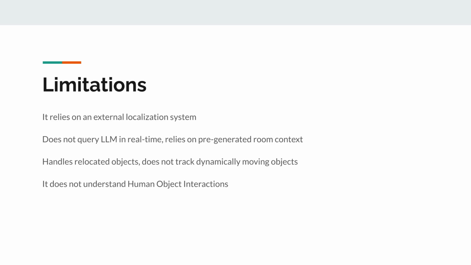It just preloads a list of likely objects based on the scene at startup, and it is able to handle relocation but not tracking. So if you walk in front of the robot, it treats you as noise, not as an actor. And finally, and I think this is one of the most interesting ones, it doesn't yet understand human object interactions. It is purely geometric and semantic understanding, but not a behavioral one.